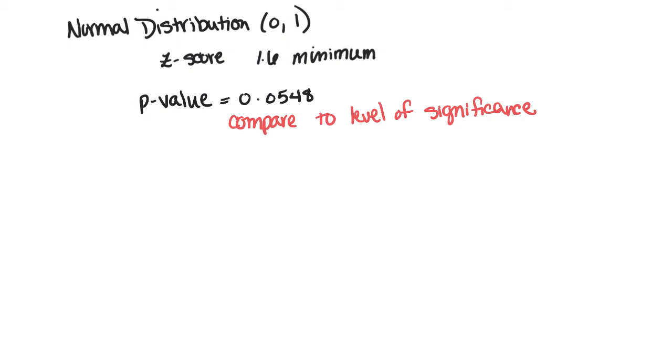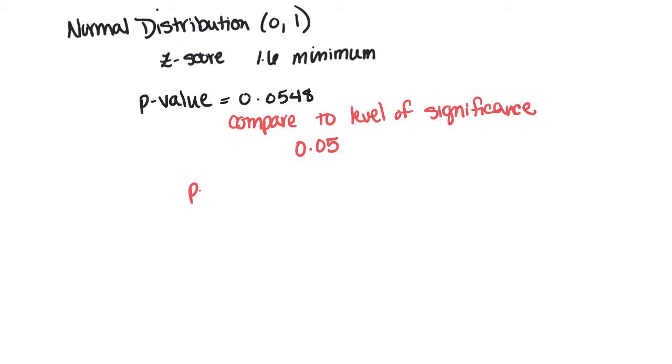Now the level of significance, if not stated, is generally 0.05. Again, it will be stated if it wants anything different than that, but usually if it falls within the outer edges, the outside 5% of your two tails of your bell curve, then that would be enough to reject a null hypothesis.